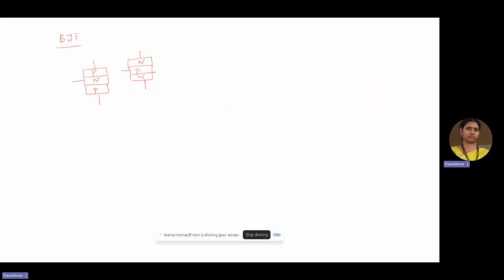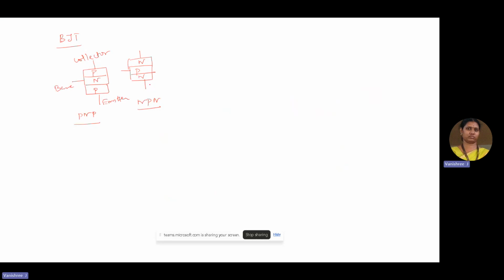So here, this is called a PNP transistor and this is called an NPN transistor. The terminal located below is the emitter terminal, this is the base terminal, and this one is the collector terminal.